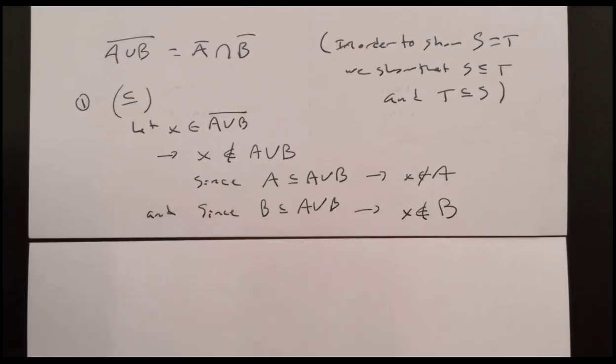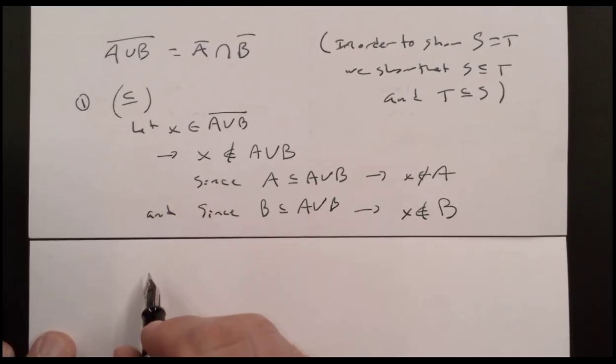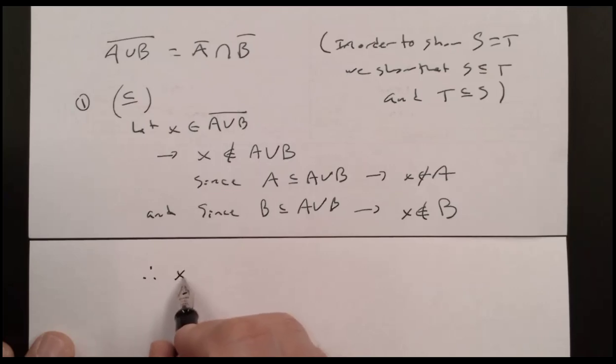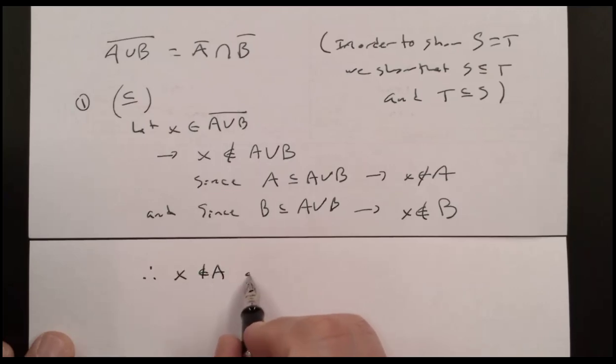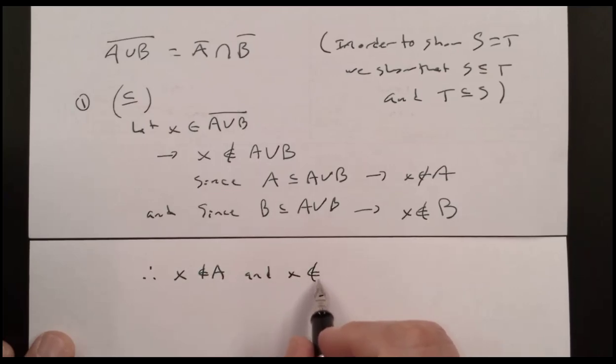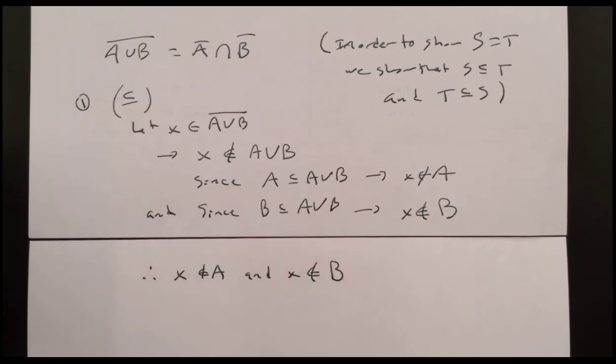Hey, wait a minute. Therefore, X is not a part of A and X is not a part of B. What's the symbol for and in sets? The intersection symbol. But if you're not in A, what are you in?